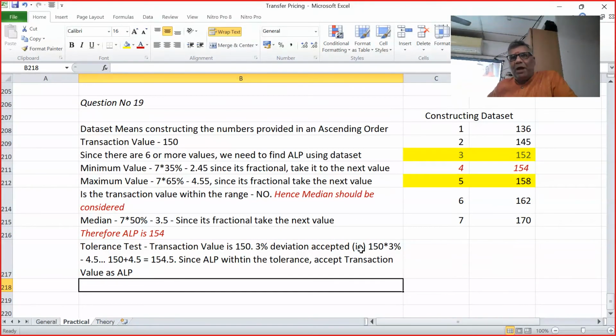Ideal is 102. Is 100 acceptable or not? You should check within 3%.